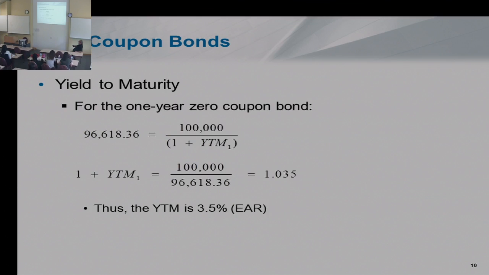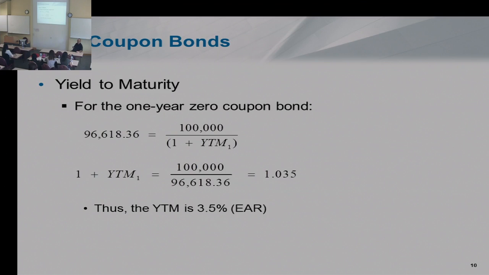Well, this 96,618 is set by supply and demand. The government wants to sell them. How much does the government want to sell them for? As close to $100,000 as possible. So the government wants to sell them for as much as possible. How much do you want to pay? As little as possible.